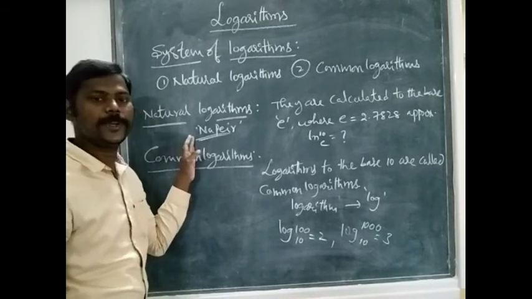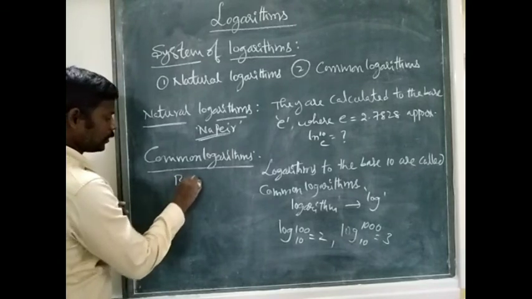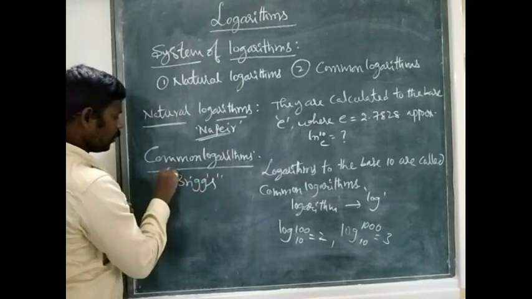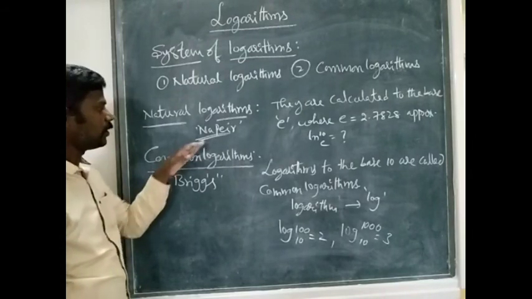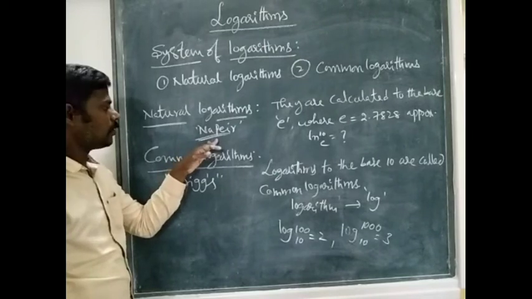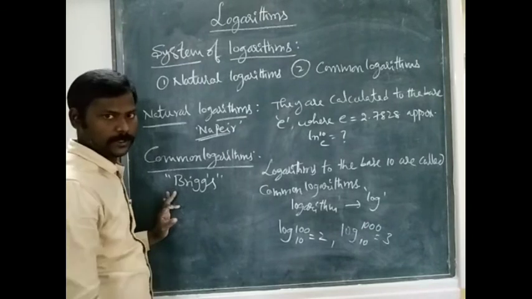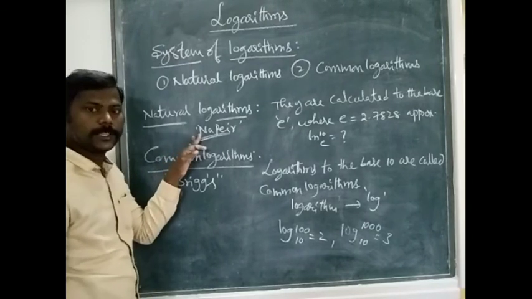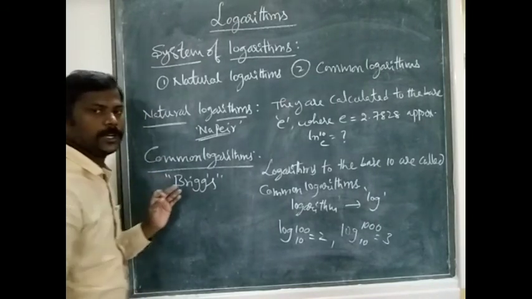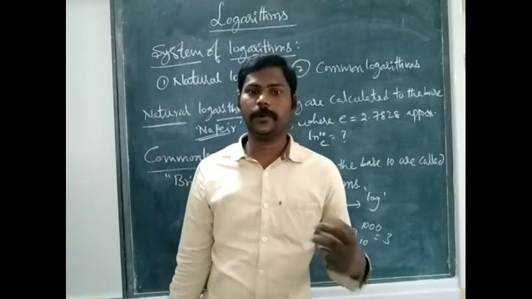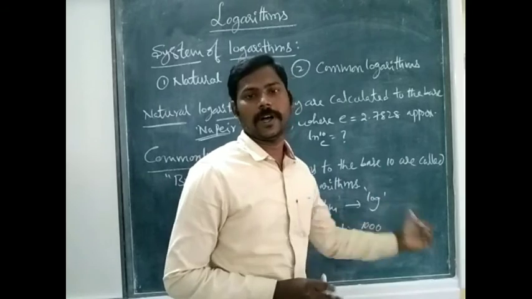Common logarithms are also called Briggs logarithms, because Briggs was a mathematician contemporary to Napier. So natural logarithms are called Napier logarithms, and common logarithms are called Briggs logarithms. For our level, whatever type of logarithm problems we do, we generally use common logarithms.